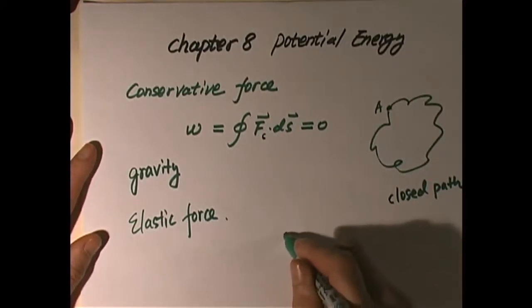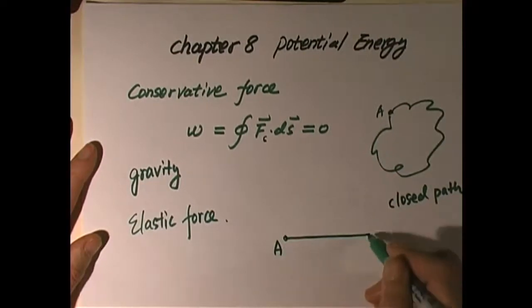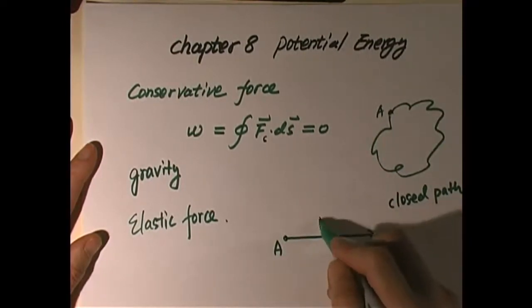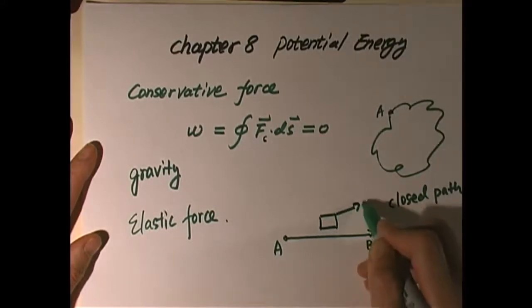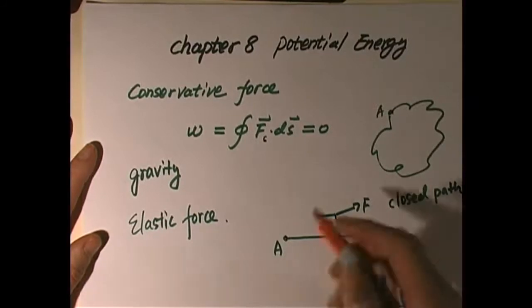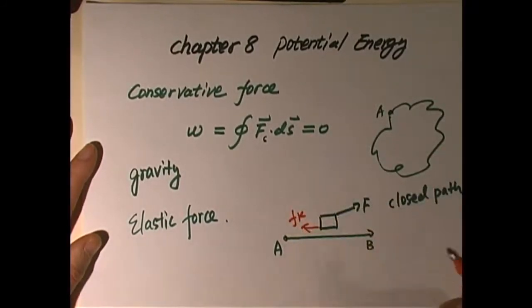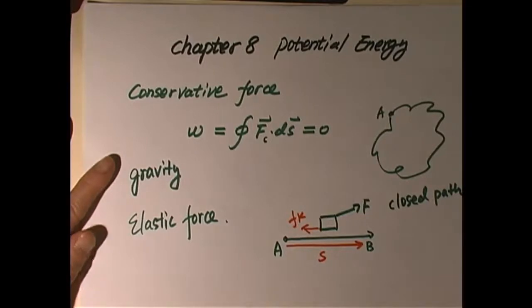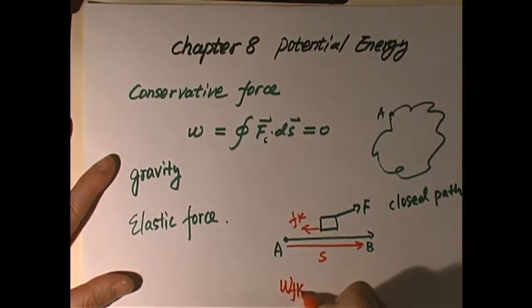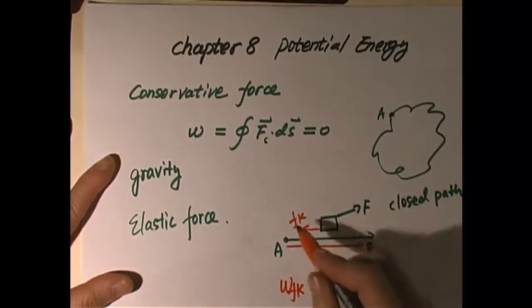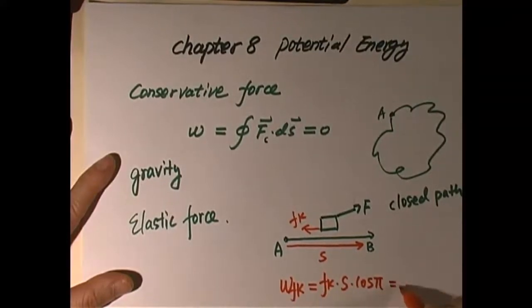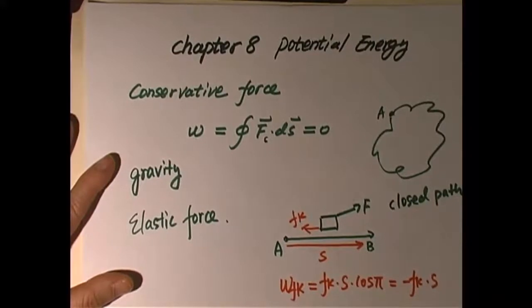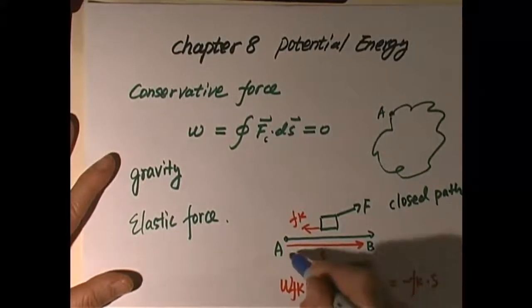For example, if I start from point A and go to point B, if this is the object and there's a dragging force, but I only think about the kinetic friction, F_k, since the displacement from A to B is s to the right, the work done by kinetic friction equals force times displacement times cosine of the angle between displacement and F_k, which is pi. That is negative F_k s.